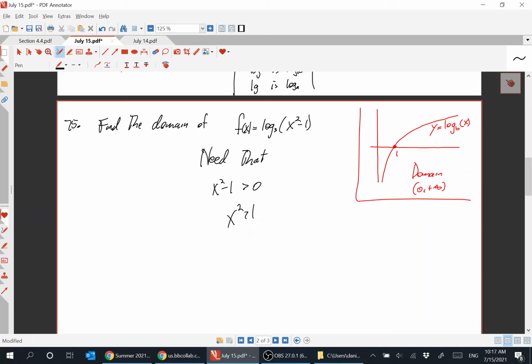And then what? Square root both sides. Well, if I took the square root of both sides, what happens?